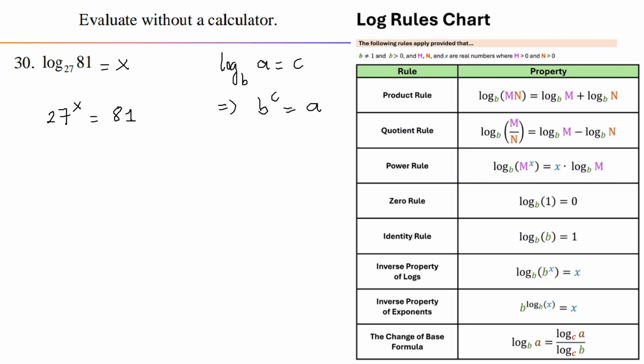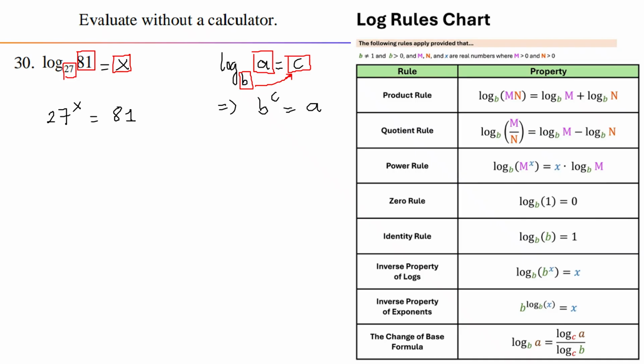We're looking at the positions as a whole. The base is this position, that is 27. The next position is a, that is 81, and c is x. So we go from b, further to c, that's the exponent, equal a.